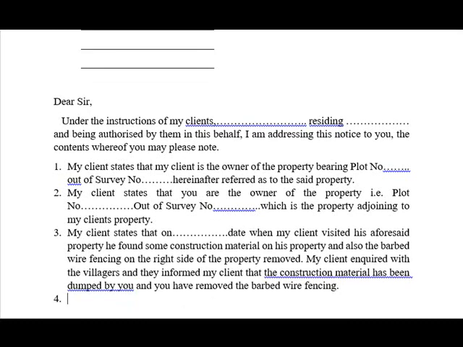In fourth paragraph, we will further continue with this story.